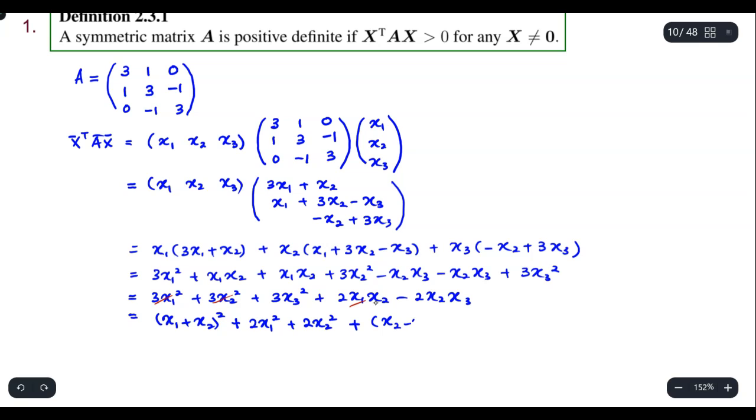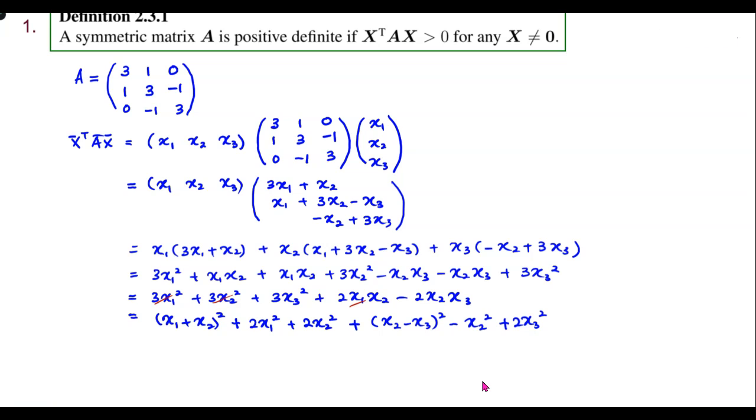Up to here, we have x2 square minus 2x2x3 plus x3 square. So it means we need to have minus x2 square, and then we need to have plus 2x3 square.